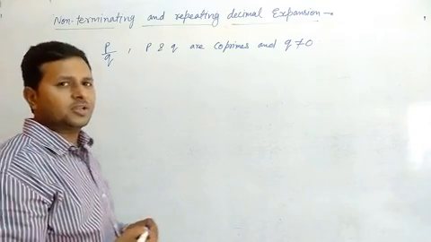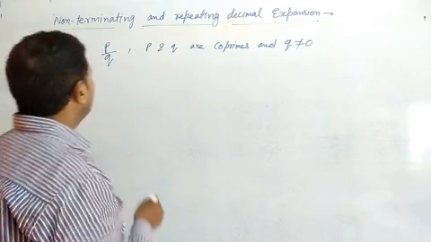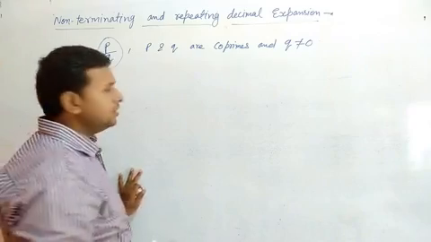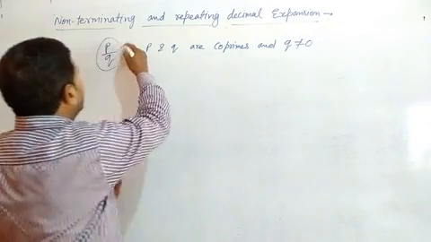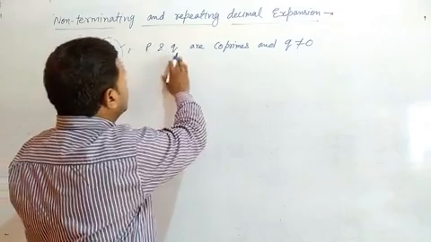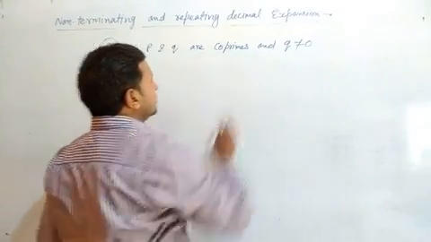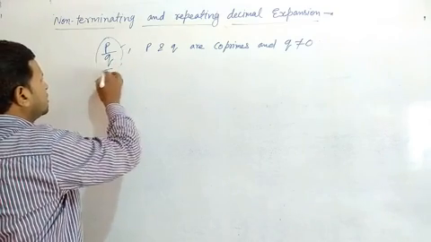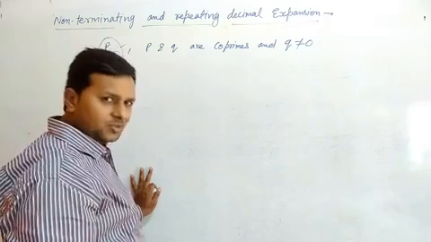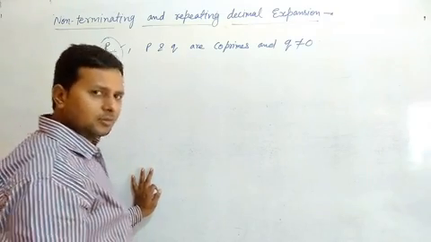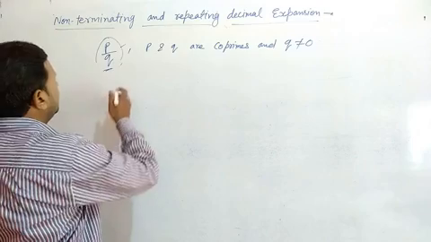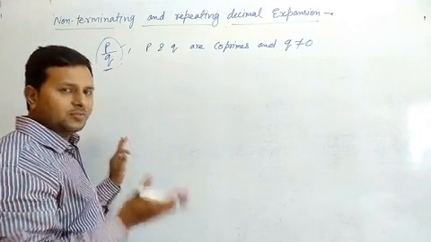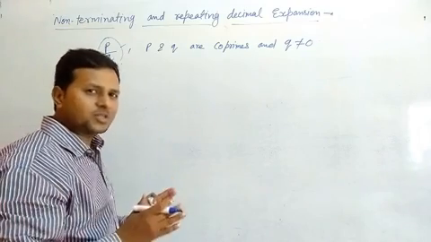I repeat it once again. Try to understand. If any number is given as a rational number in the form of P upon Q, and P and Q are co-primes and Q does not equal 0, which means the denominator should not be 0. First of all, we have to convert the given number into its simplest form.